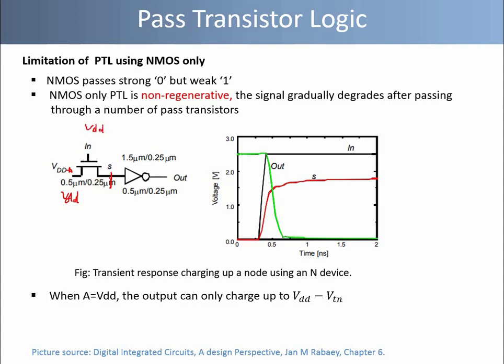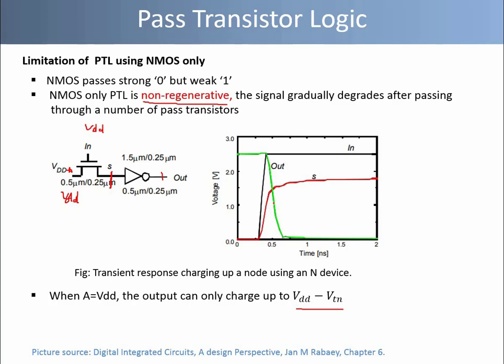So we would be expecting that the source side of the transistor should also be charged to VDD after some time, but this does not happen. The maximum output voltage that can be achieved on the other side of the transistor is VDD minus VTN, because an NMOS transistor passes a weak 1 logic level.